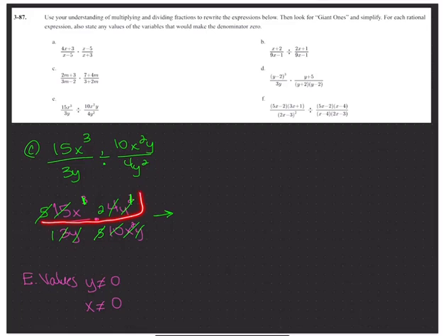I'm going to look at the top part, and it looks like I have a 2 and an x. So I got 2x. And then in my denominator, I think everything ended up getting canceled out. So you can put it over 1 if you want, or you can just put it over 2x. Right?